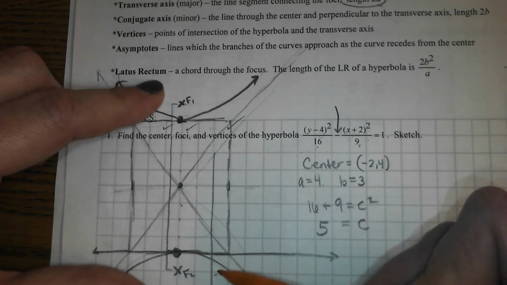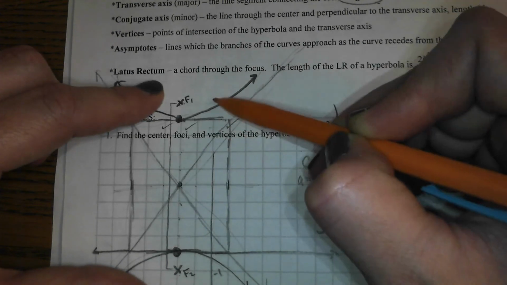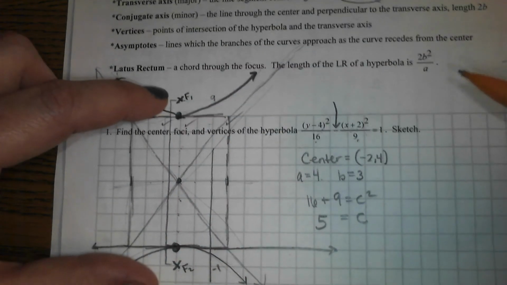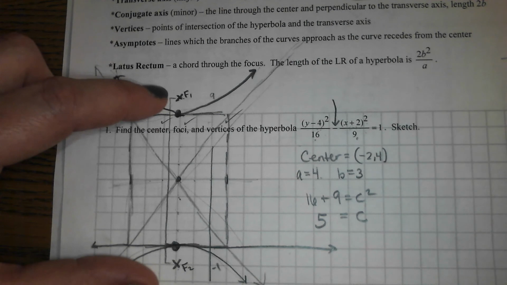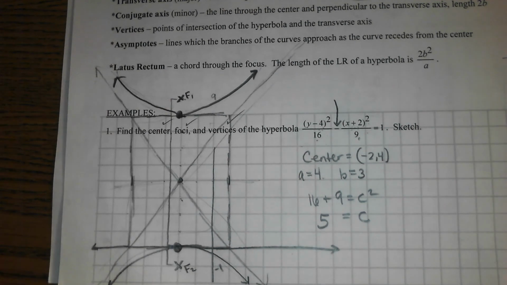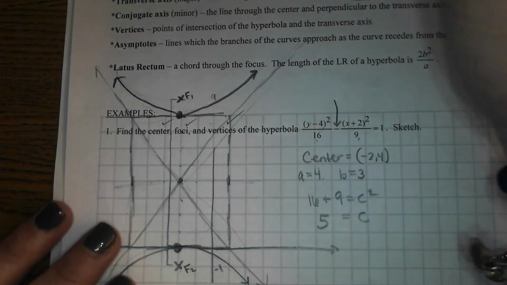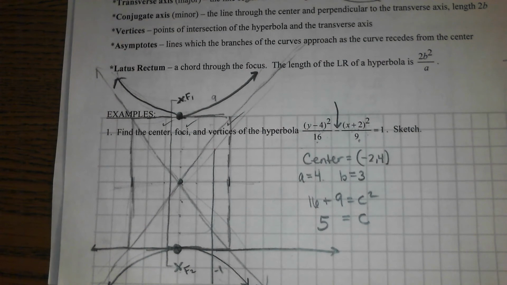From -1 up to 9. 10. Is that 2 times our a value? No, it's not. It's 2 times our c value. Let me get back to you on that and see if that's a typo. The line segment connecting the foci should have a length of 2a. I'll get back to you on that.